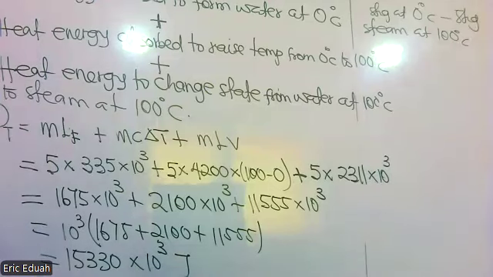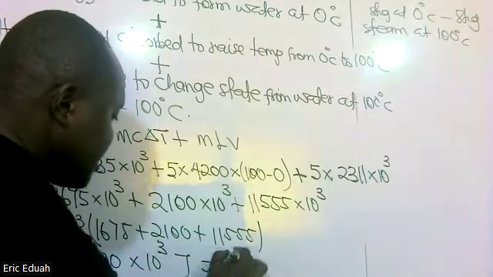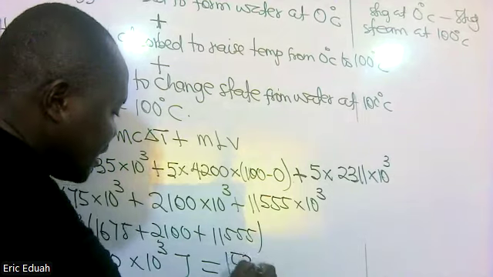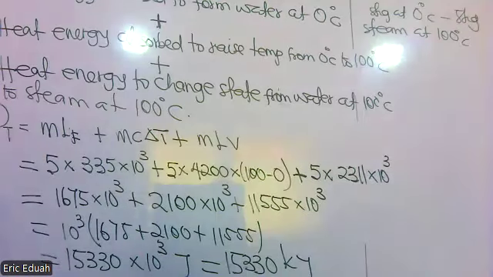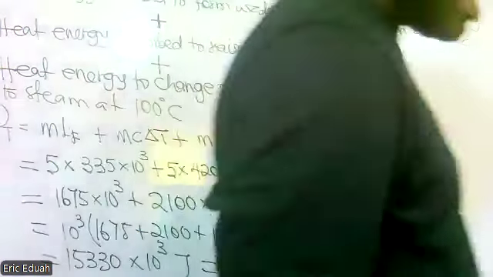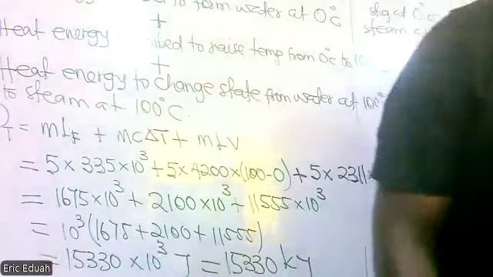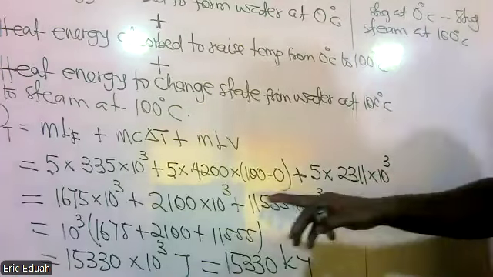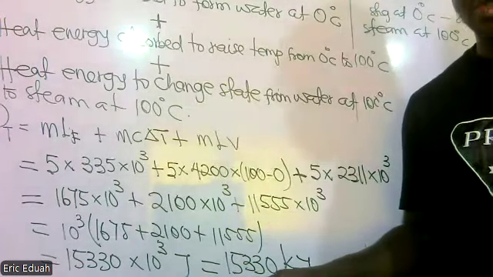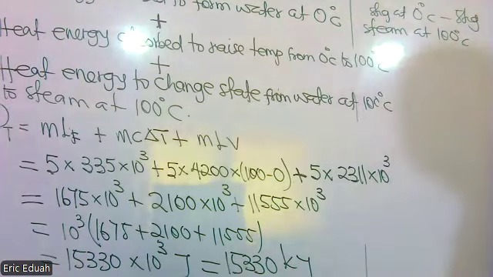So we can express the final answer as 15,330 kilojoules. 15,330 kilojoules of heat energy is required in order to change 5 kilogram of ice at 0 degrees Celsius to 5 kilogram of steam at 100.